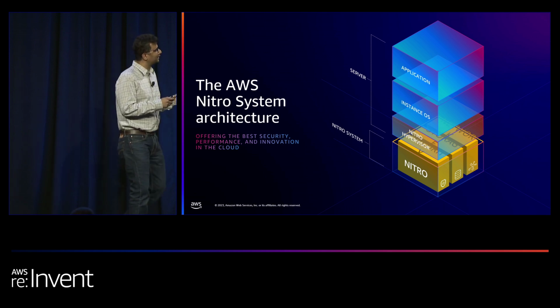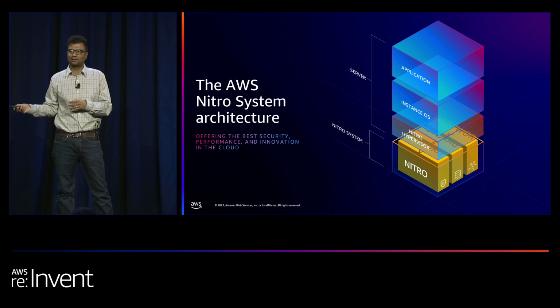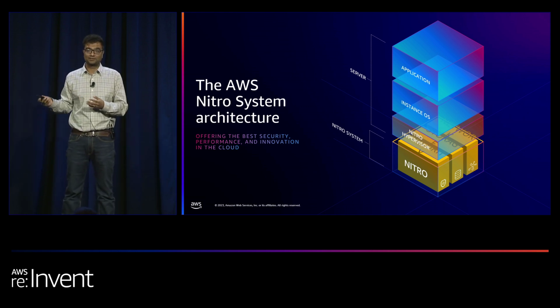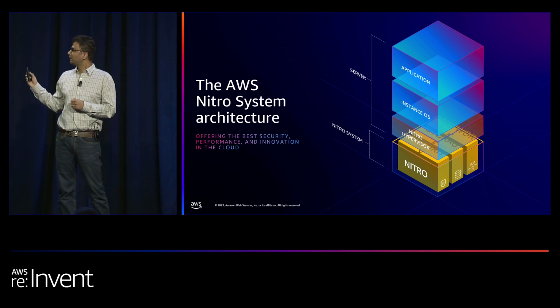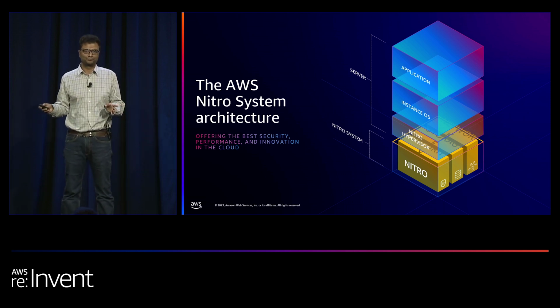The image that you see on the slide is an image of an instance stack. The top three parts are what is there in a server. So you would see a customer application in there, the instance OS, and also a lightweight Nitro hypervisor.